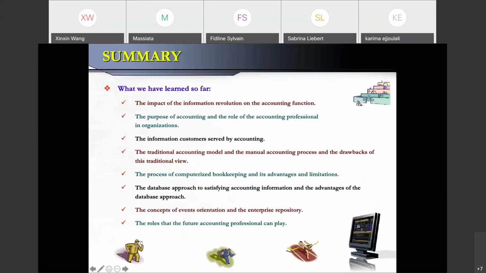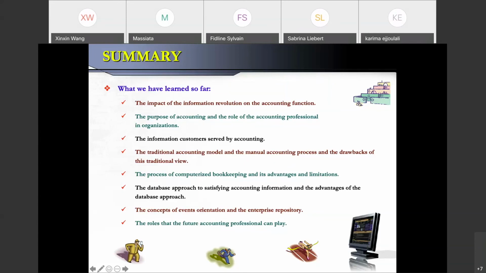Okay, I want to do a brief summary, then you guys can recap the class. We first talked about the information revolution, and we talked about the role of accounting and the potential information consumers that we have. And then we compared the traditional accounting models, their drawbacks, and also the advantages of the computerized bookkeeping system. And then we combined these tensions, which led to the database approach.